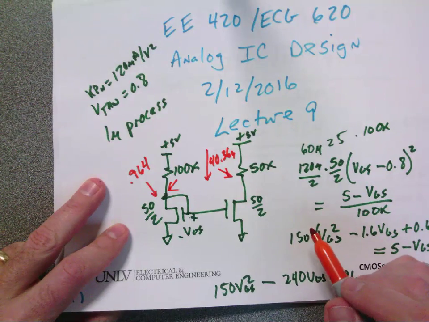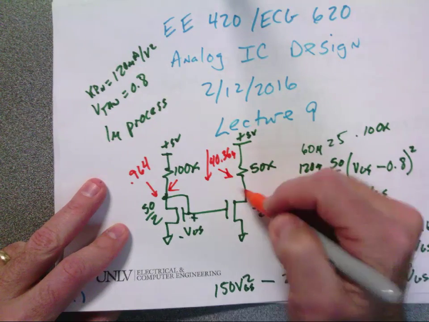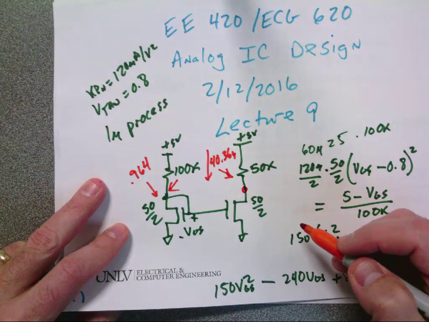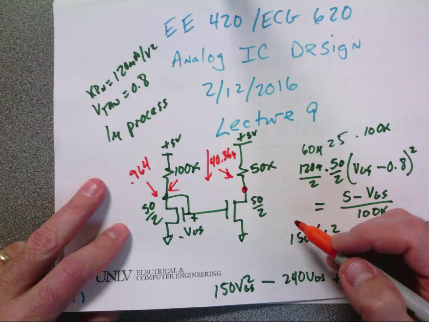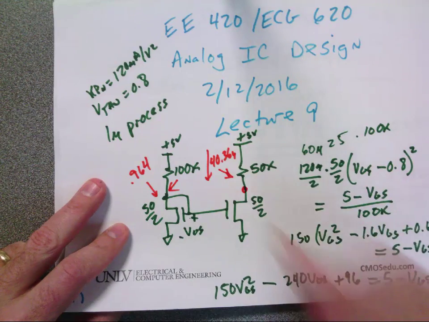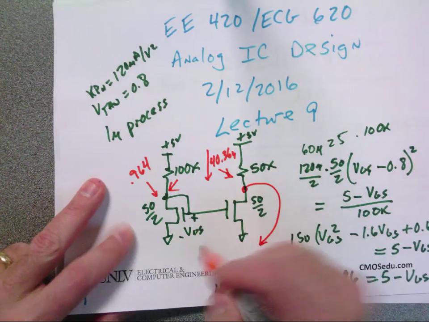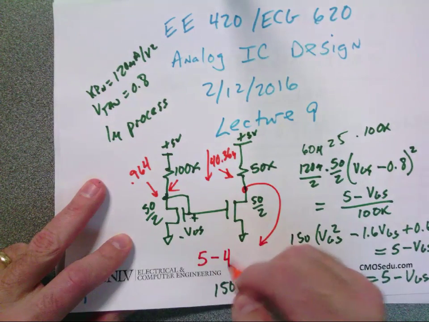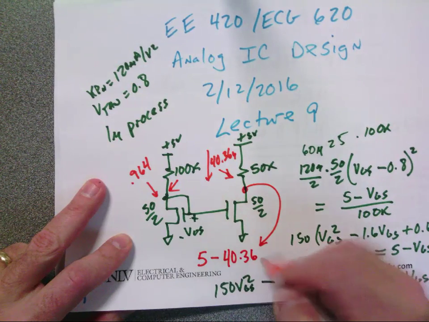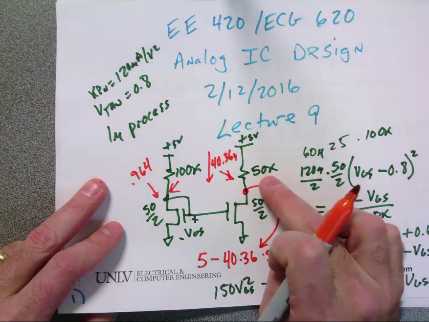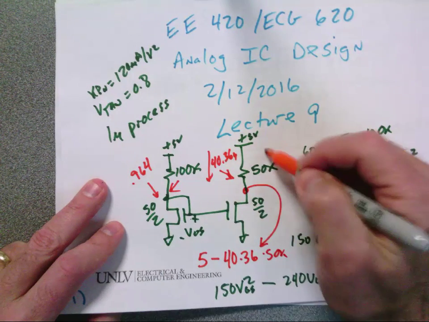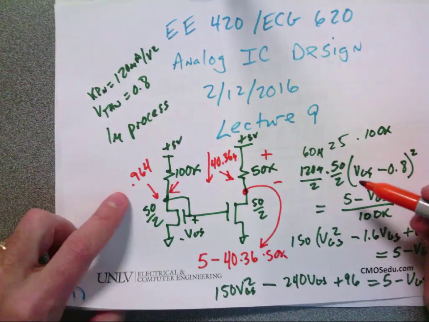Okay, so am I done? No, I need this voltage right here, right? What is it? Okay, so everybody is cool with saying it's 5 minus 40.36 times 50K, which this was 100K, this was 50K, same current. What's going to be the voltage drop from here to here? Half of that.